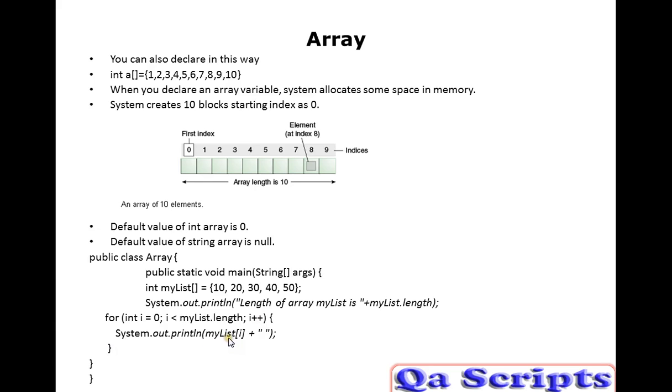Here I cannot directly put the array name, since if I put the array name directly, it will not print the values one by one. To make it print one by one, I am using i. So my list of i, and I am giving a space to make it print in a particular manner.